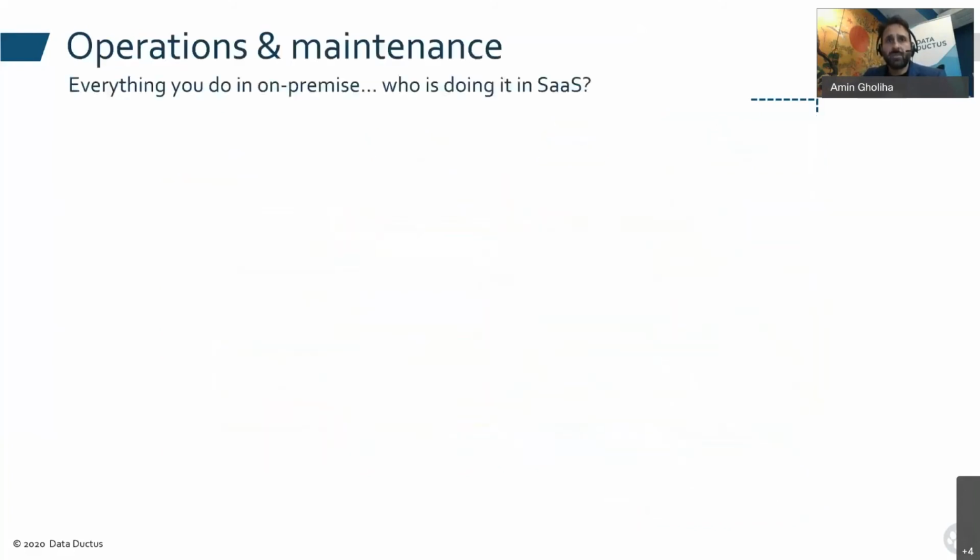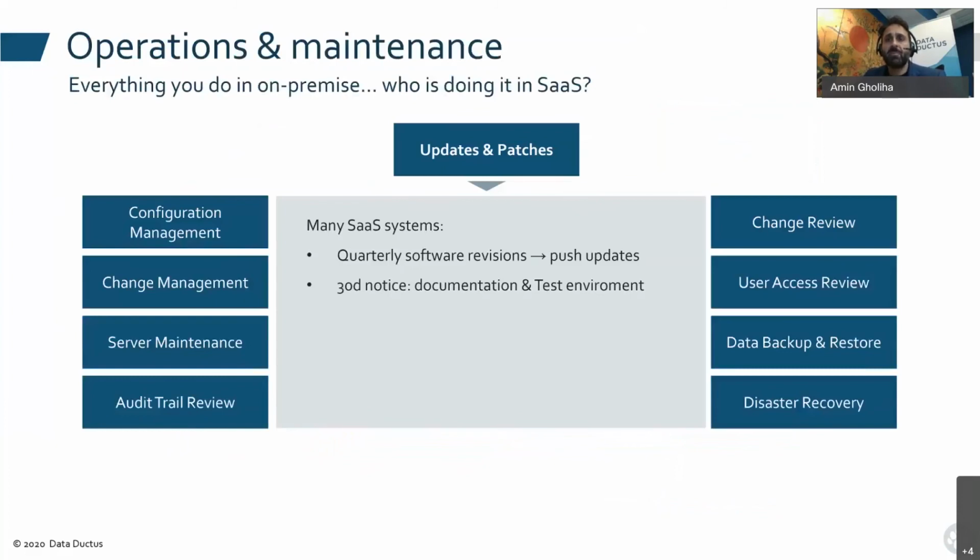Everything you do in on-premise, who is doing it in the SaaS system? You have updates and patches coming in. You have configuration management, change management, server maintenance. You have audit trail review. You have change review. You have user access review, data backup and restores, and you have disaster recovery.